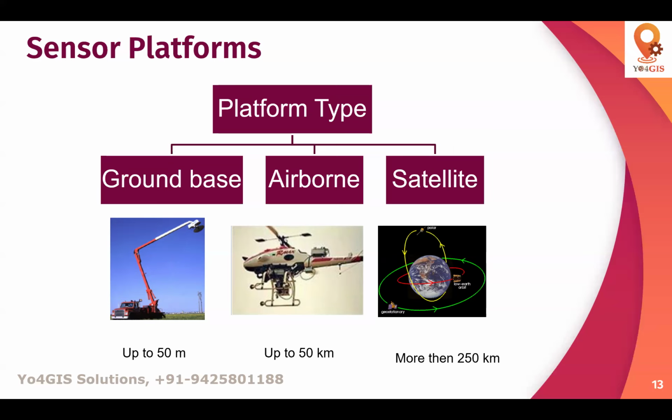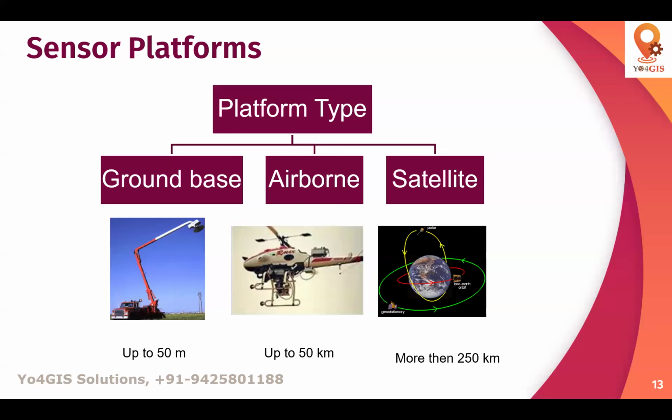So airborne means all your drone, helicopter, airplane, all these kinds of survey, all these kinds of data capturing process, or all these kinds of remote sensing come under the airborne platforms.